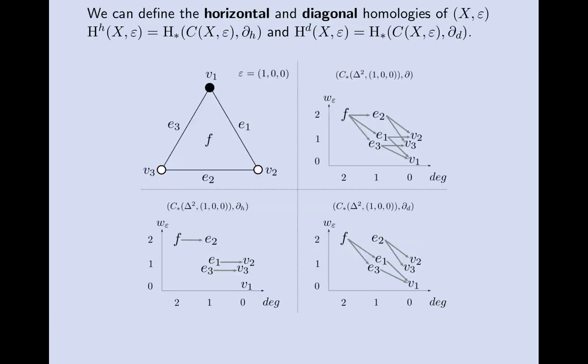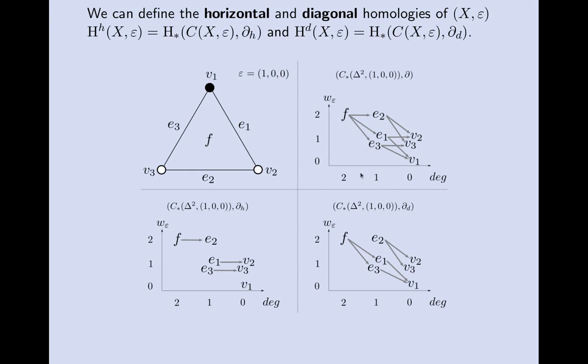Then we can use this to define two homologies, called horizontal and diagonal homologies of the bicolored simplicial complex (X, epsilon). This is the notation: the H here stands for horizontal, and diagonal here. Let's see an explicit example. Here we have a bicolored 2-simplex. The coloring here is 1, 0, 0, so we have V1 in black and V2 and V3 in white.